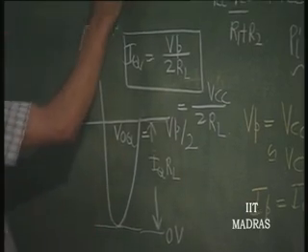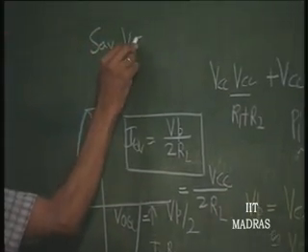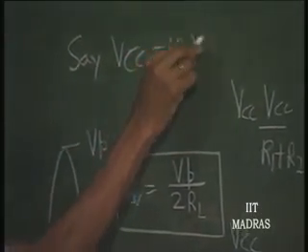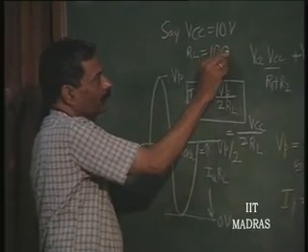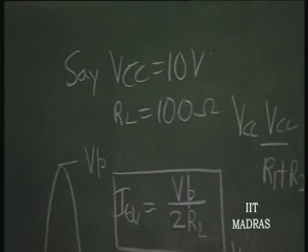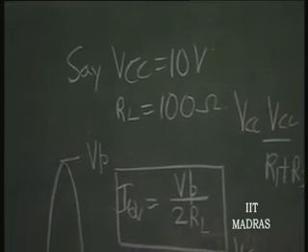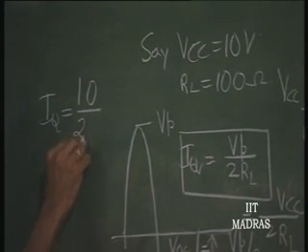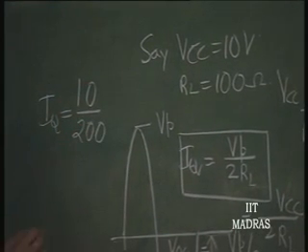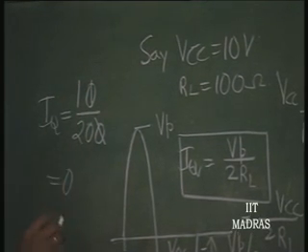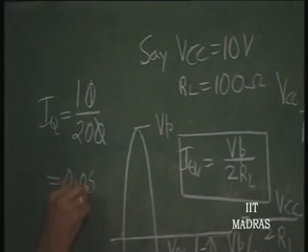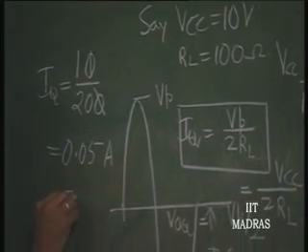So, if V c c is 10 volts, okay, R L is 100 ohms, then I q is going to be 10 by 200 ohms, okay, which is 0.05 amperes or 50 milliamperes.